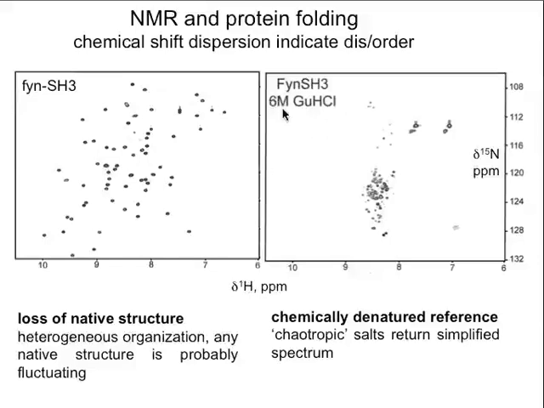When we expose this molecule to a high concentration of guanidine hydrochloride, remember that's that denaturant, then we lose all of that interesting spectral features in the NMR spectrum, and clearly this molecule is unfolded. It is interesting to note, though, that all of the proton frequencies are more or less the same, 8.5 or so, but we're still distributed across nitrogen frequencies.